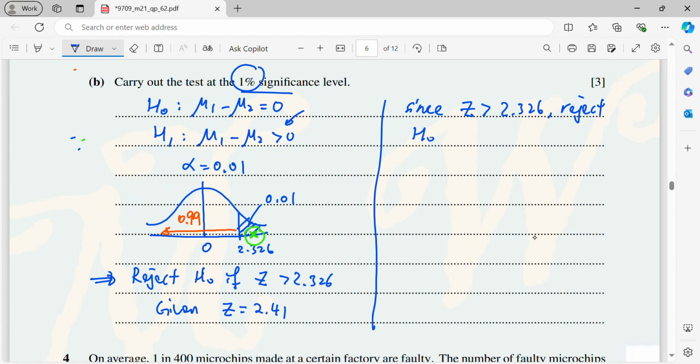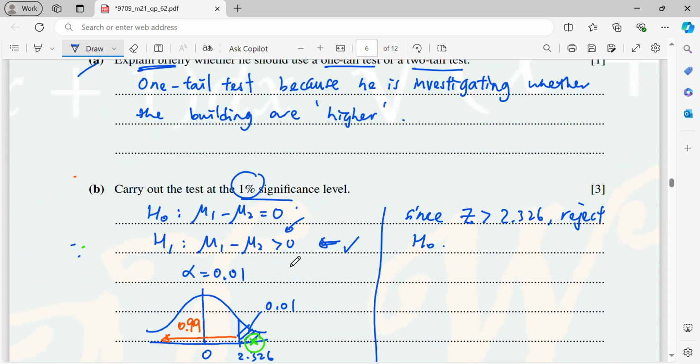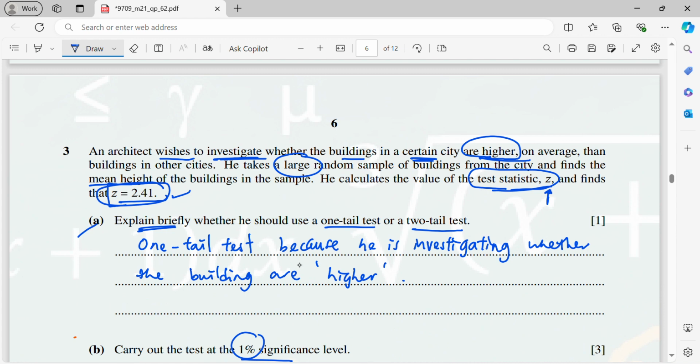So when we reject H0, this is a decision. When we reject H0, it means that we are supporting H1. So when you support H1, that means you are supporting the suspicion of the architect, right?